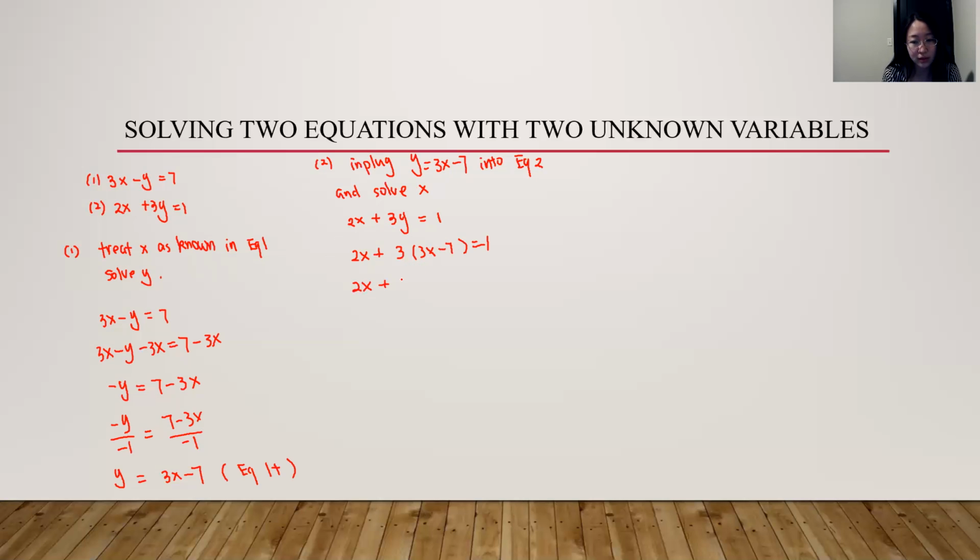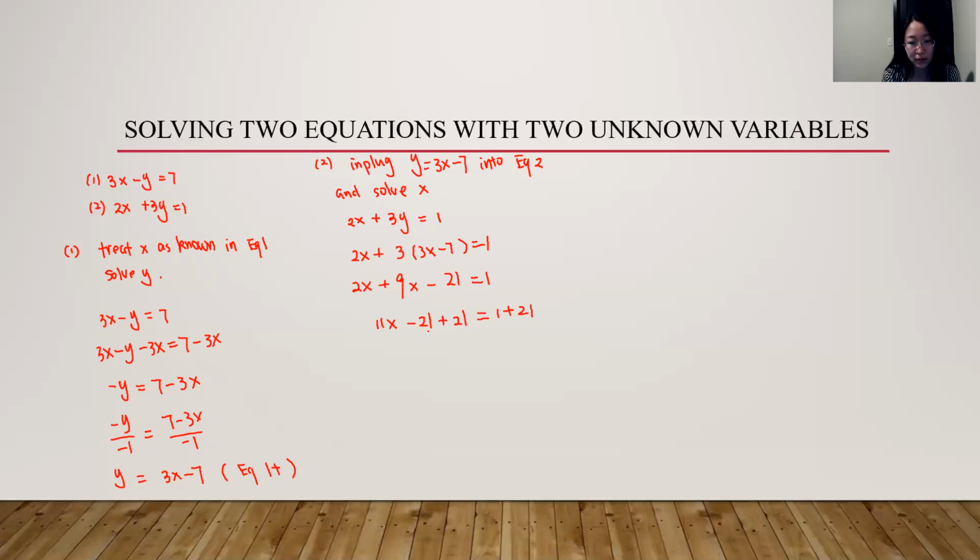3 times 3x is 9x. 3 times 7 is 21. So 2x plus 9x is 11x. And we can get rid of this negative 21 on the left-hand side by adding 21 to both sides of this equation.